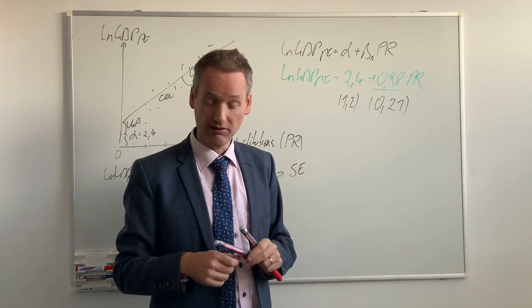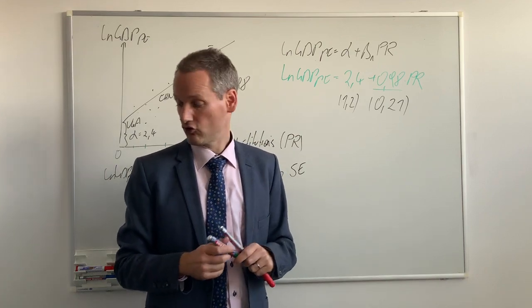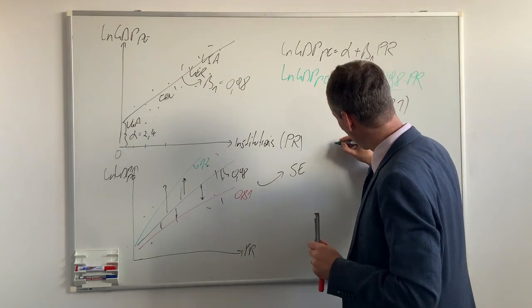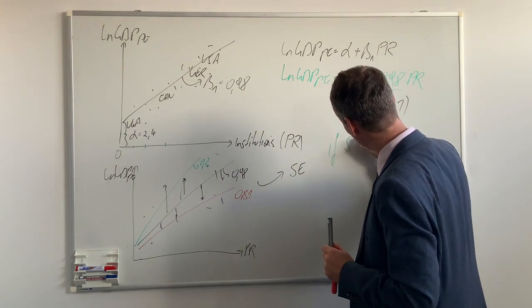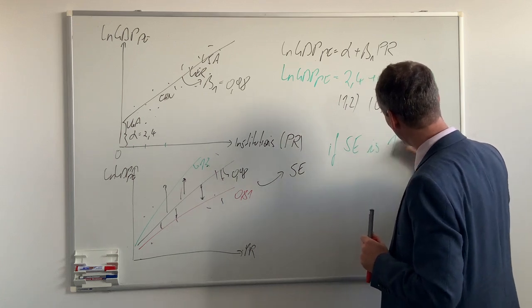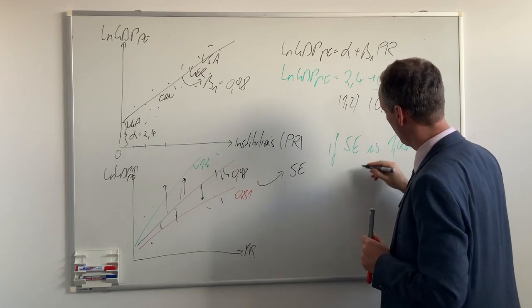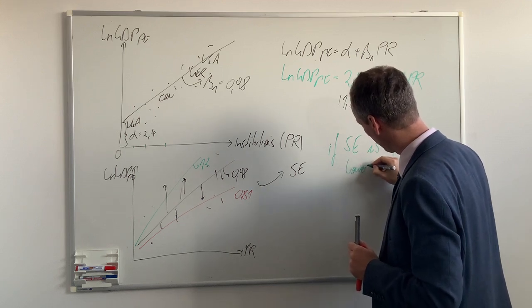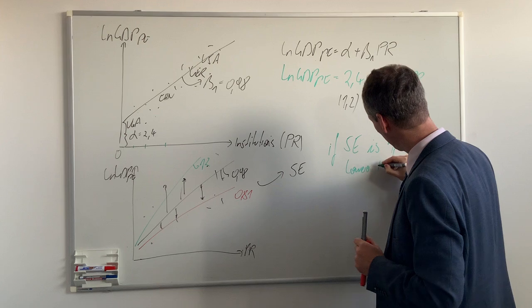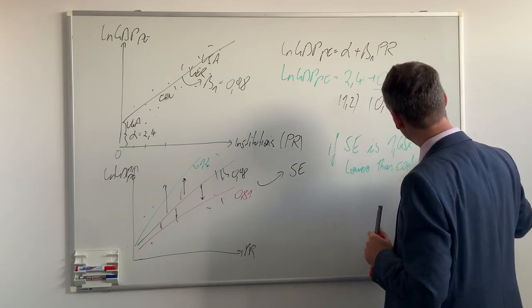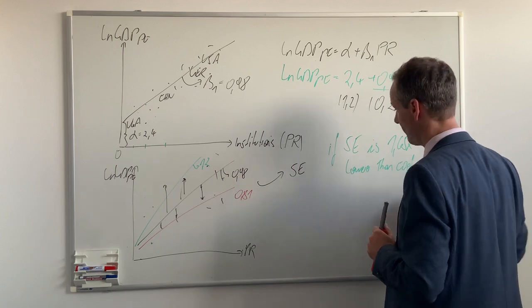Now, what is high and what is low? Well, that depends on choices. Usually we say if the standard error is 1.65 times lower than the coefficient, then we are having a 10% confidence level.